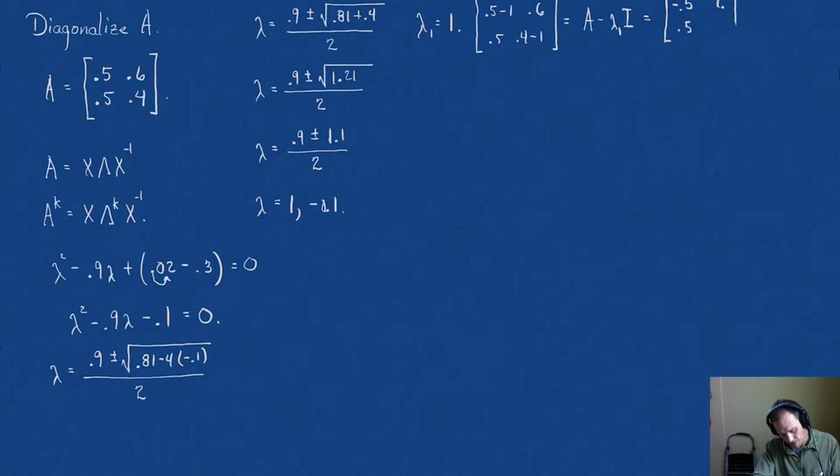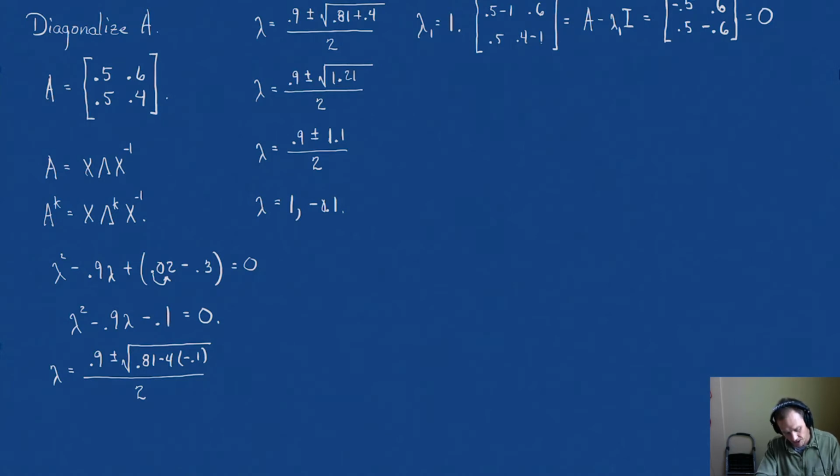And 0.4 minus 1 is minus 0.6. Okay, there we go. This is going to equal 0, and we can do some row operations.